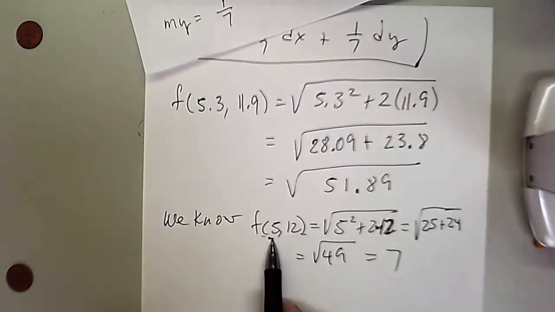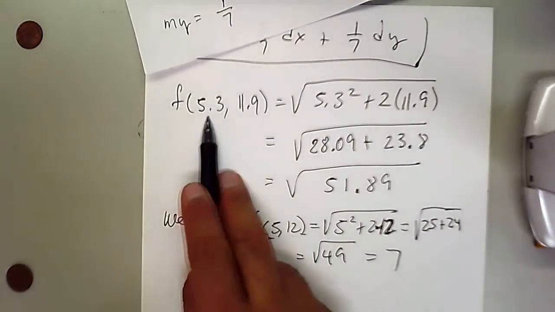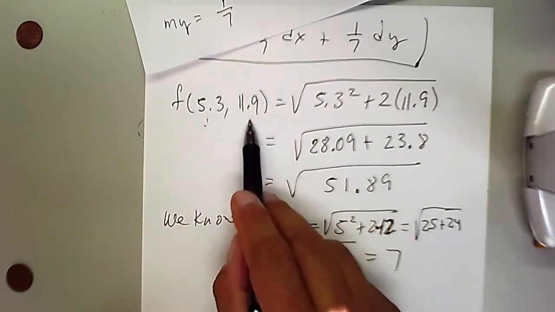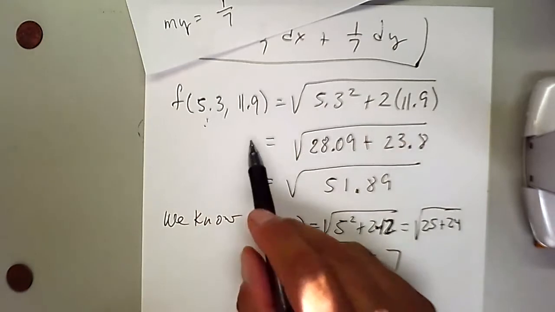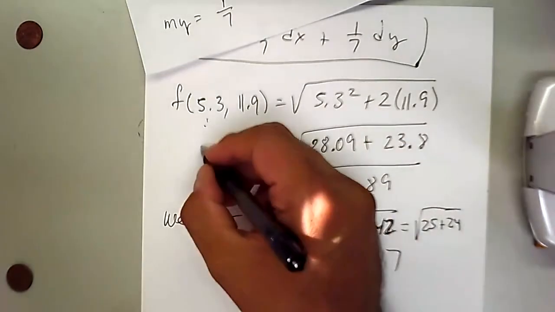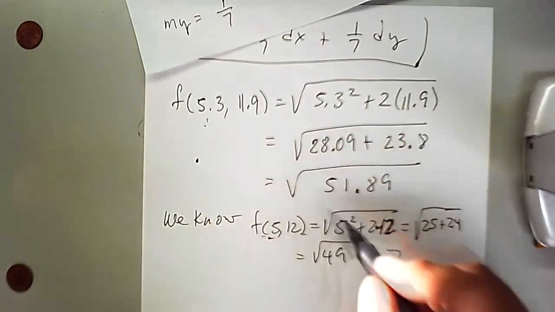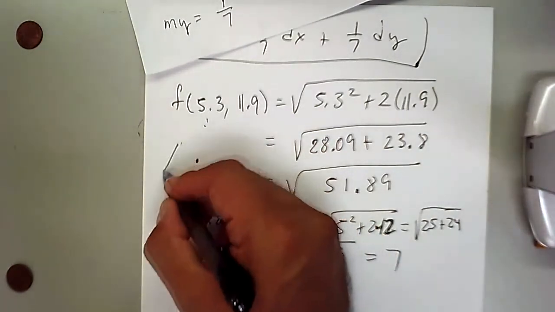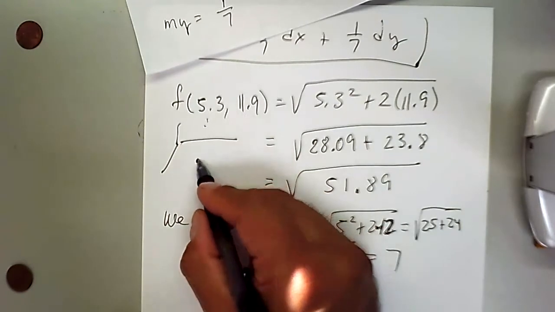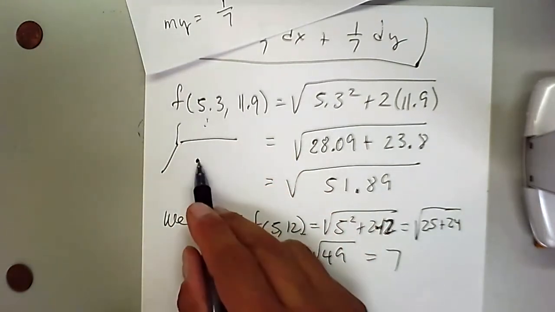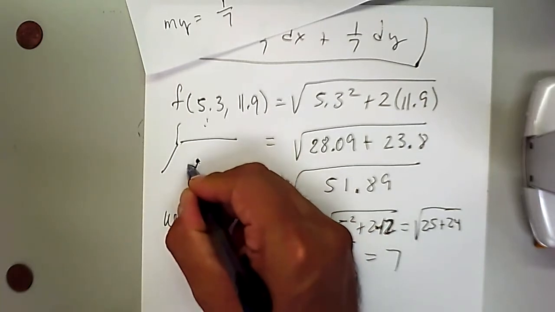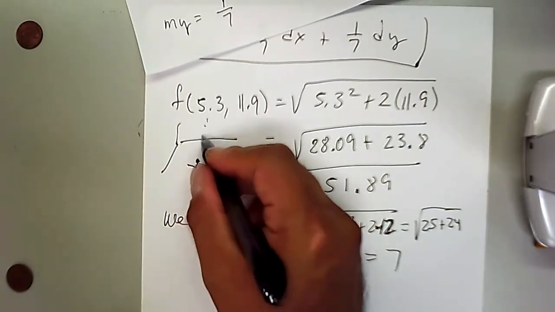But we want to deviate from this point a little bit. We want to move 0.3 units towards us and 0.1 unit away from us. If we were on the space and this was 5, 12, we want to go 0.3 units this way and 0.1 unit this way, and we want to know how the output will change.